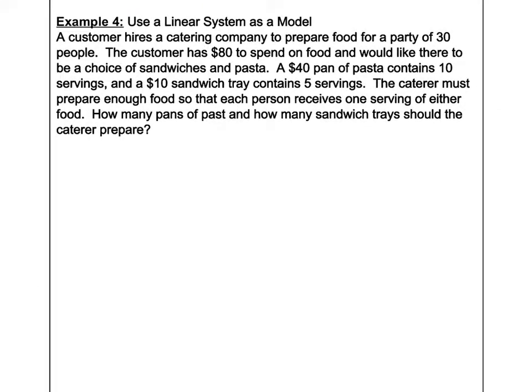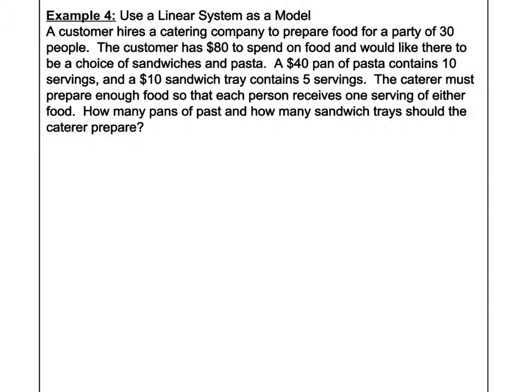Okay, last one, the word problem. It says a customer hires a catering company to prepare food for a party of 30 people. The customer has $80 to spend on food and would like there to be a choice of sandwiches and pasta. A $40 pan of pasta contains 40 servings.